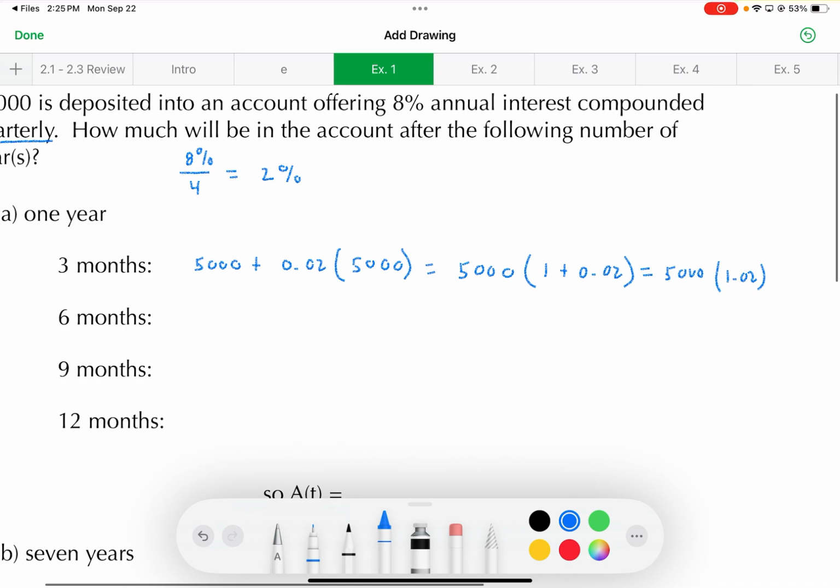Okay, now after 6 months, I've got to take the amount that's in the account after 3 months, and I got to add to that 2% of it. Let's use brackets here.